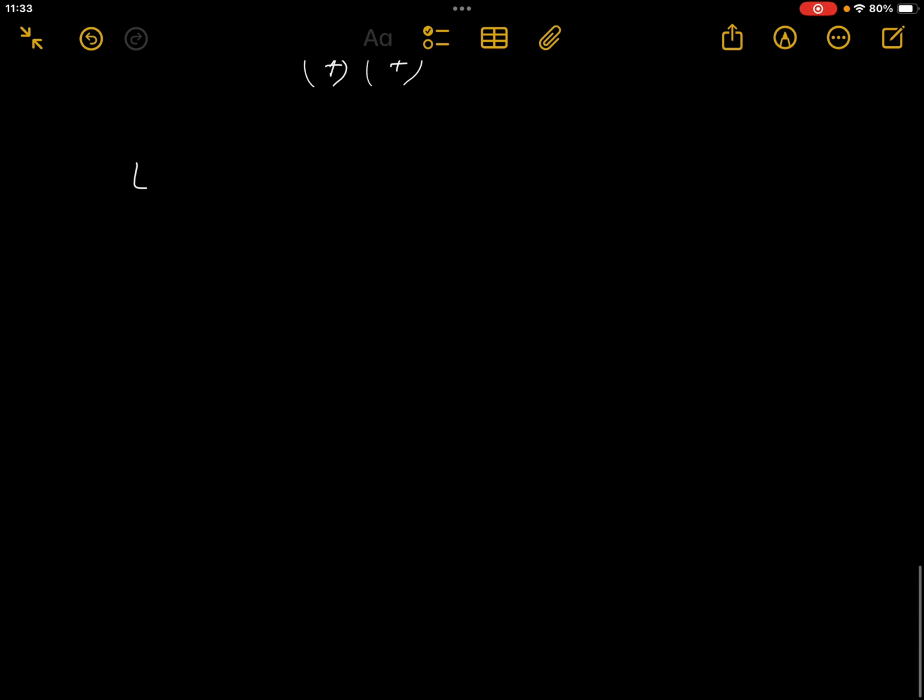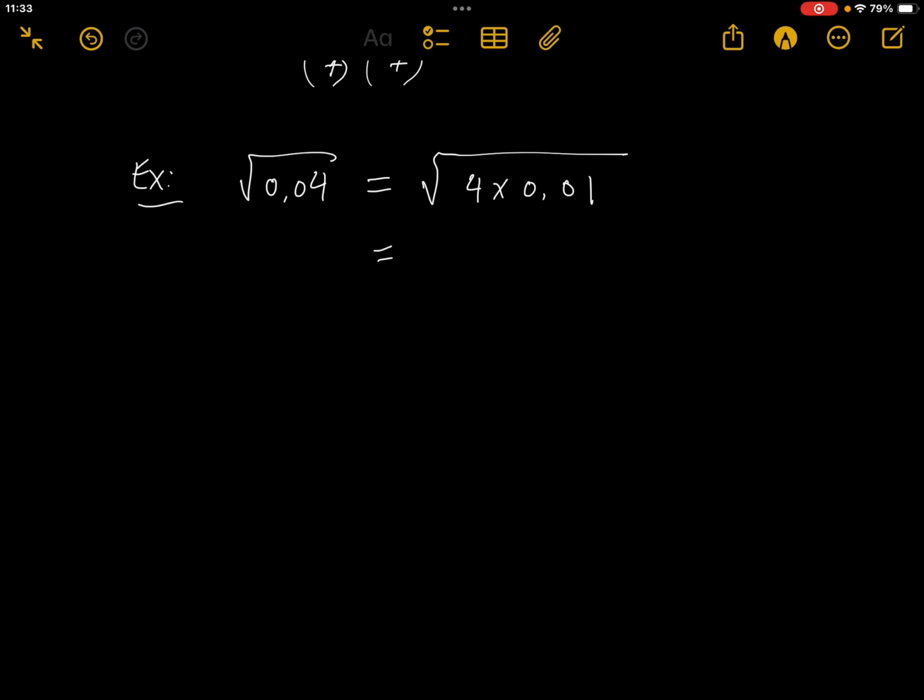We could also use that fact to go back and do some of the ones with the decimals. If you had the square root of 0.04, the way I did it initially was I converted it to a fraction, and that works. If you want, you can also do it like this. You could write 0.04 as 4 times 0.01. Now you can split the square root as the square root of 4 times the square root of 0.01.